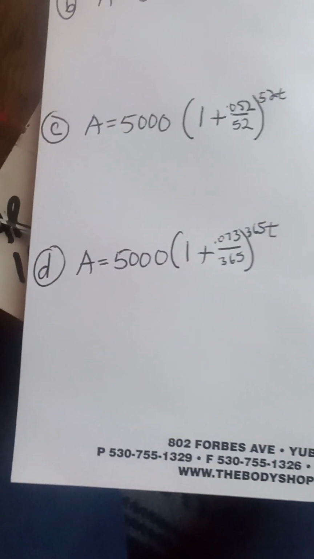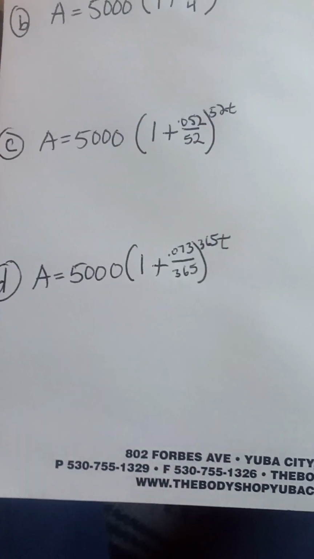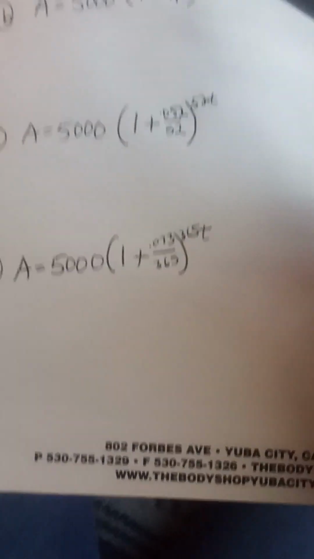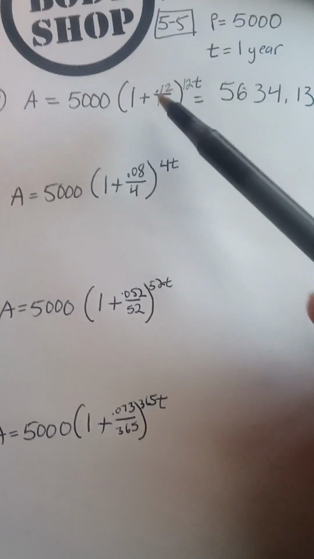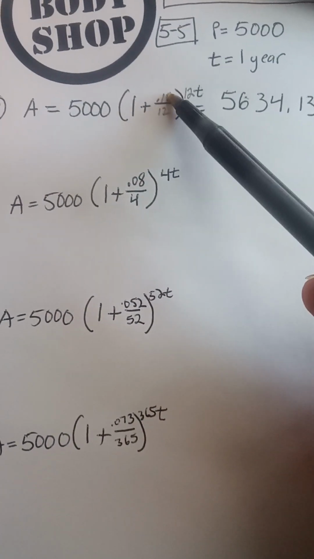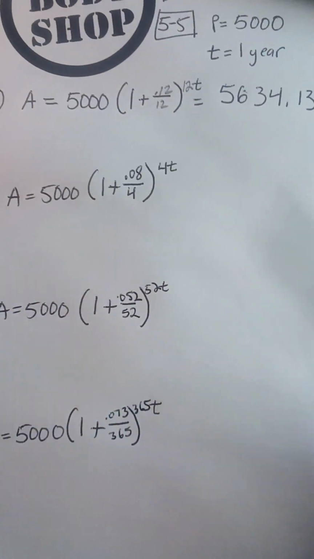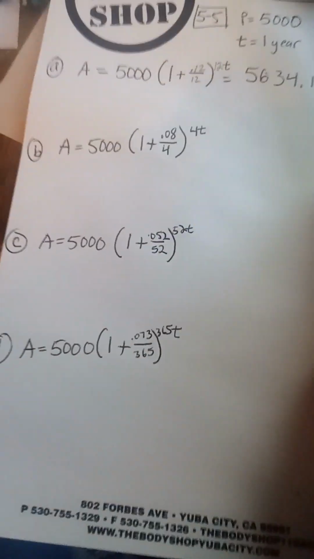And daily, there are 365. Oh my gosh, I have to put 365 here. I don't know if you can even see that. If you calculate those in your calculator correctly, you should come out with the right answers, and you can check your answers in the answer book. But basically, just make sure you use the order of operations correctly, and you should be fine.